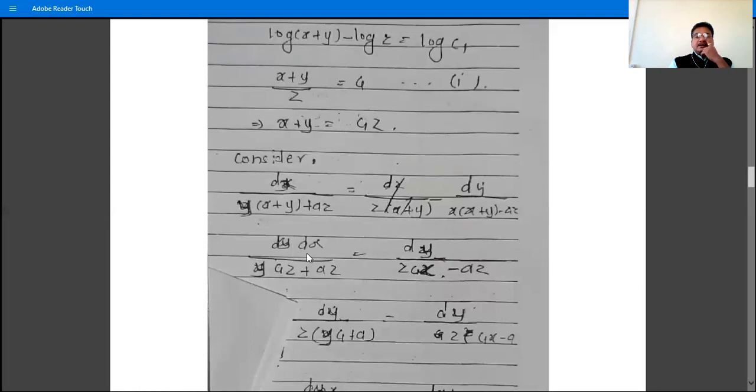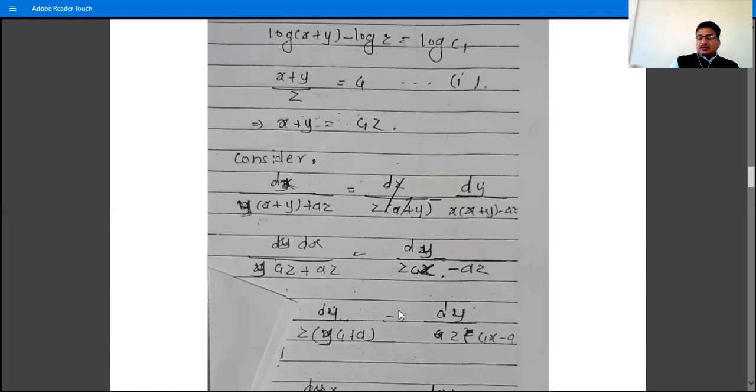So what is dx divided by c1z plus az, dy divided by z, x in bracket, c1 minus a, so we have z into c1 x minus az.